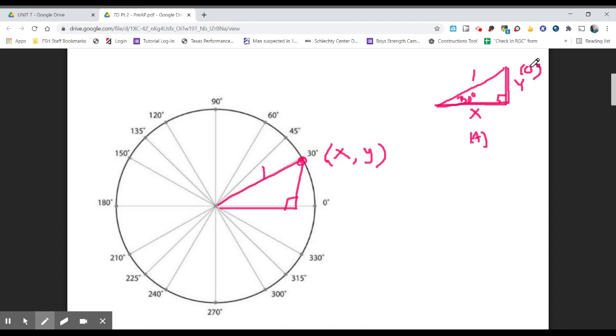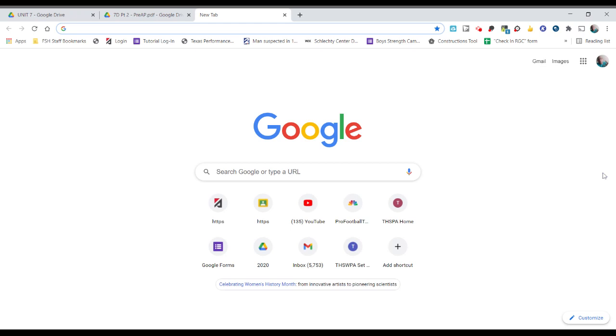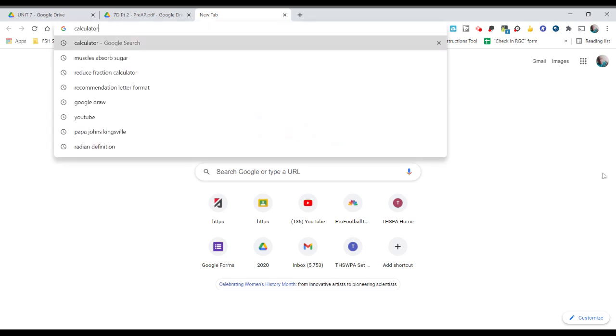Okay. So if we wanted to do some trig, all right, to find x and y, we can find our x and y values here with a unit radius of 1. Okay, so 1 is our hypotenuse. We know that. So if we wanted to find our x value, we're going to use our a, our adjacent, and our h is our hypotenuse. All right, which means we're going to use cosine. So what's going to happen here is I pull up my calculator.